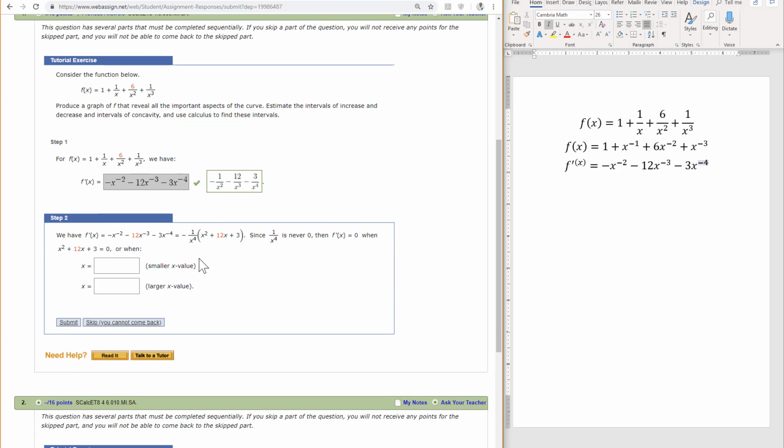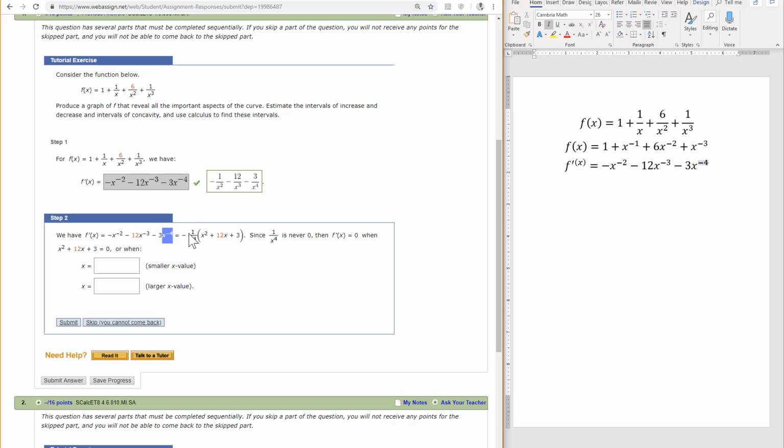Now what we want to do is set this equal to 0, because that's going to give us our critical values. The way to think about doing this is that each of these has a negative 4, so we can think about factoring out an x to the negative 4.